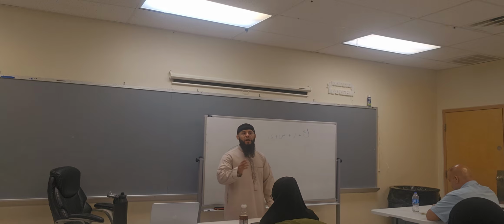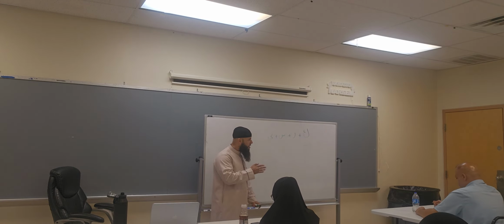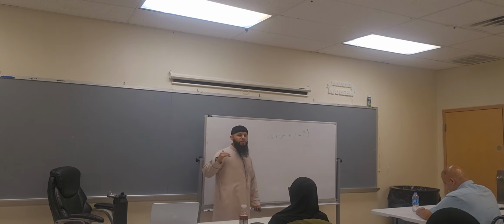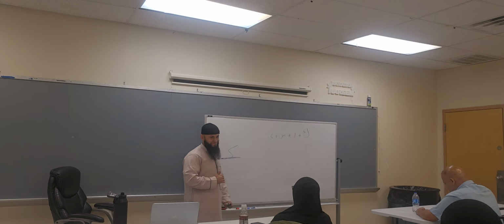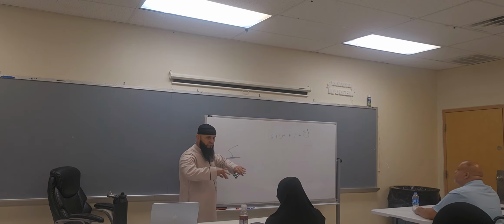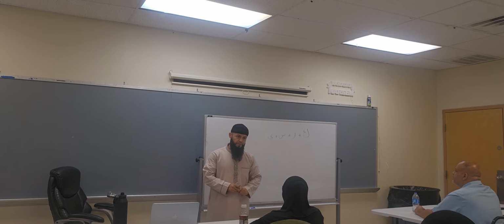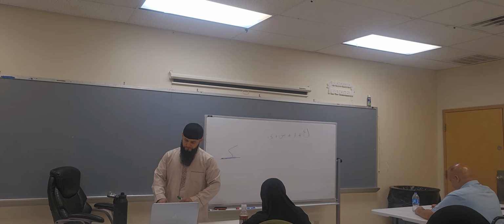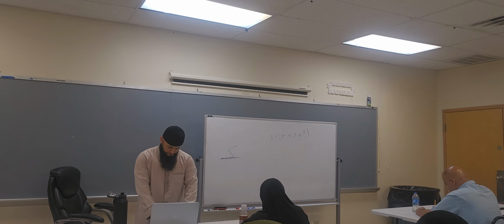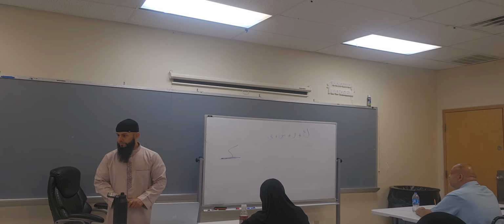Remember, alif, ra, za, dal, dhal, waw. This group only has right hand. They don't have left hand. So there's going to be a gap between the ra and sa. Okay? Yeah, very good.